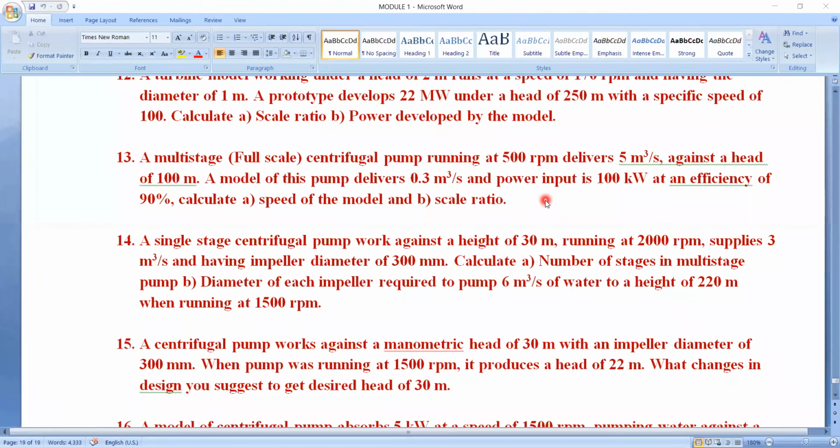Calculate first, the number of stages in a multi-stage pump; second, the diameter of each impeller required to pump 6 meter cube per second of water to a height of 220 meters when running at 1500 RPM. This is an important problem.